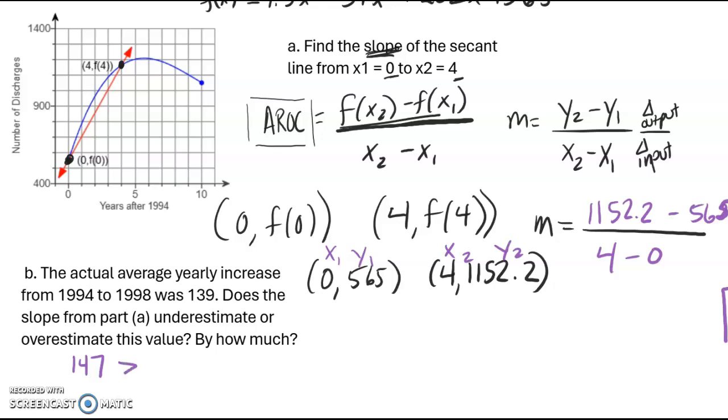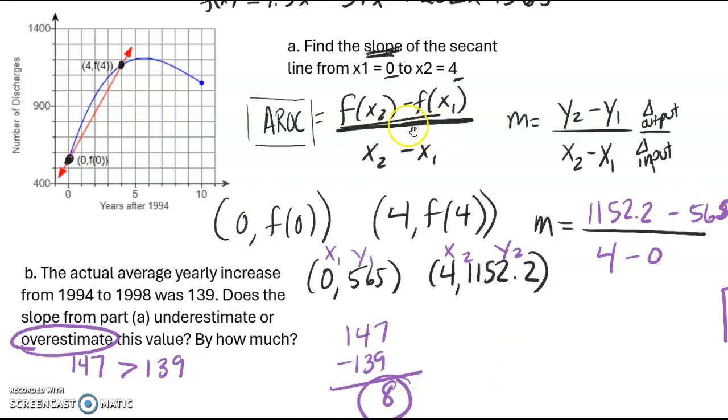So since 147 is more than 139, you can say it overestimates the value. And the slope in part A differs from the actual average yearly increase by 8. So 147 minus 139 is 8. So those are the two things it's asking you to find in part B.